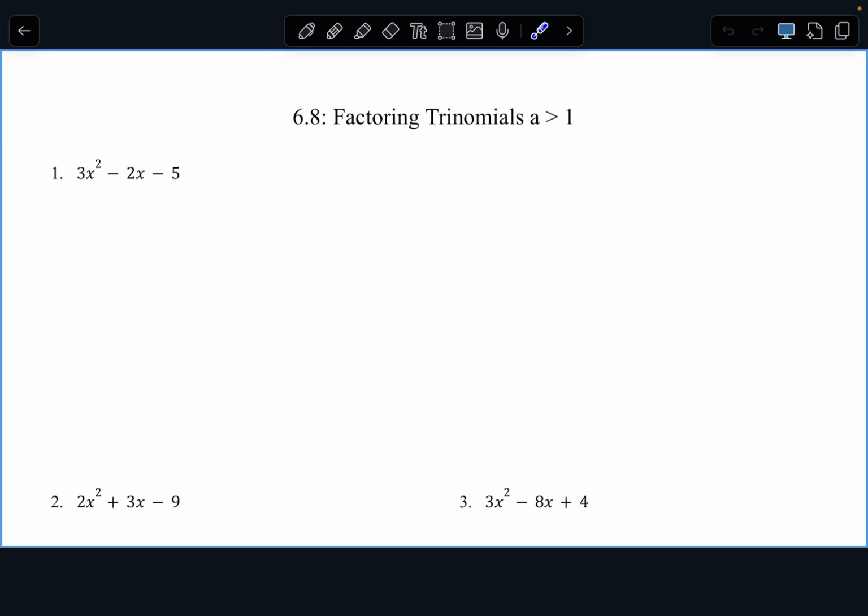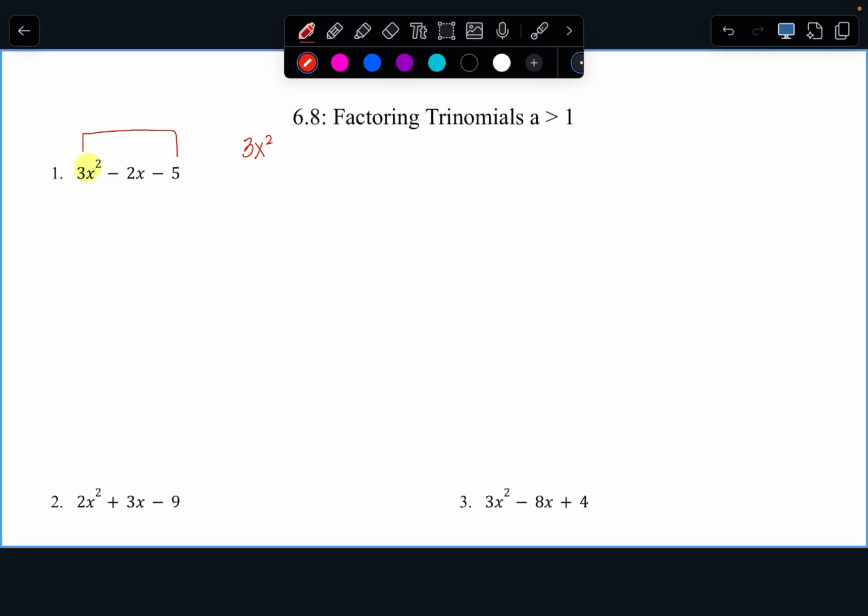So when we have a number in front of your squared term, what we're going to do is multiply your first and last terms together. So 3x to the second times a negative 5.